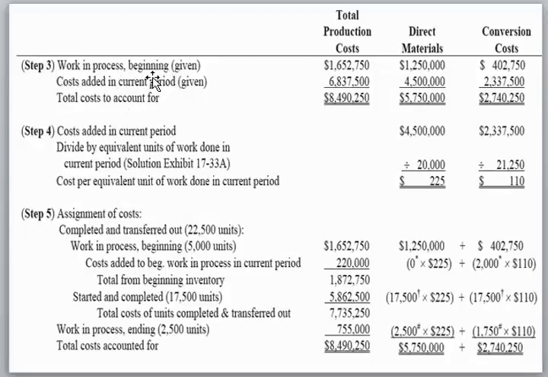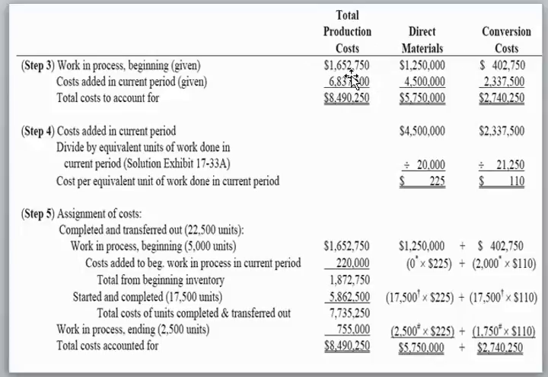Here is the work in process beginning. It is given: direct material 1,250,000 and conversion cost 402,750. So the total production cost for the beginning work in process is 1,652,750. The costs added in the current period are also given: for the direct material 4,500,000 and conversion cost 2,337,500.